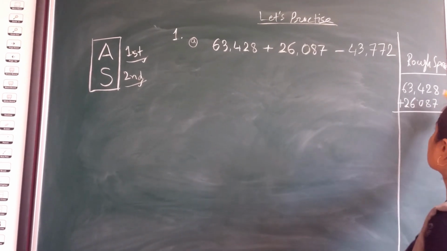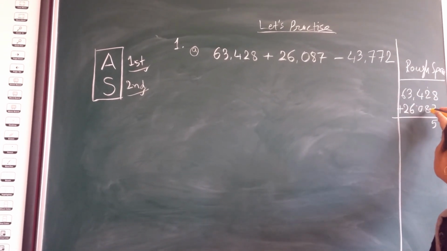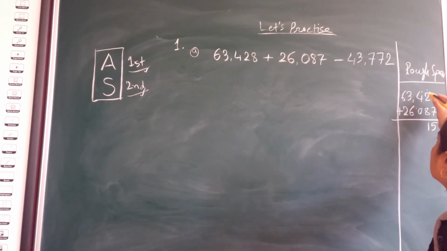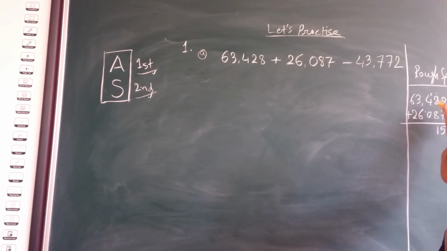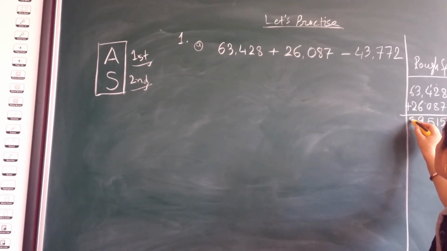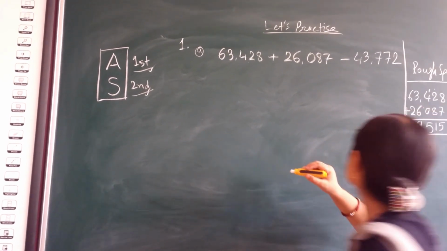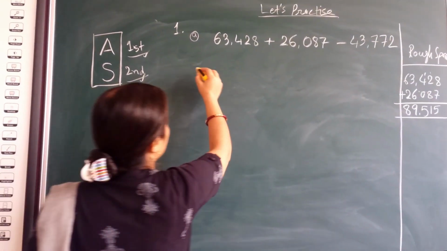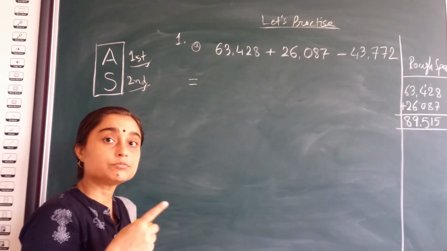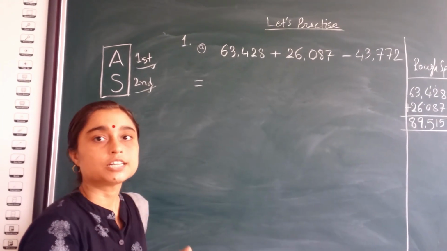Add it. 8 plus 7, 15, 5, carry 1, 8 plus 2, 10 plus 1, 11, 1, carry 1, 4 plus 1, 5, 6 plus 3, 9, 6 plus 2, 8. So it is 89,515. Whenever you do one addition or subtraction, do it again to check that you have done it correctly or not.